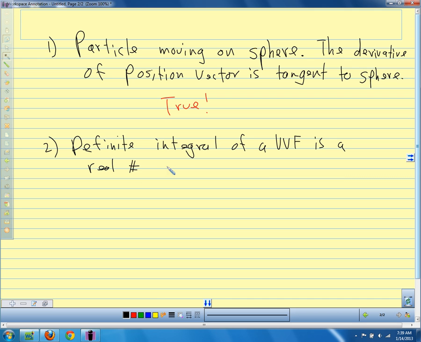True or false? False. Both says false. Like just one real number? Just one real number. Yes. False. So what would it be? It'd be vector component. Right, it would be a vector. So this is false. Say false, it's a vector.